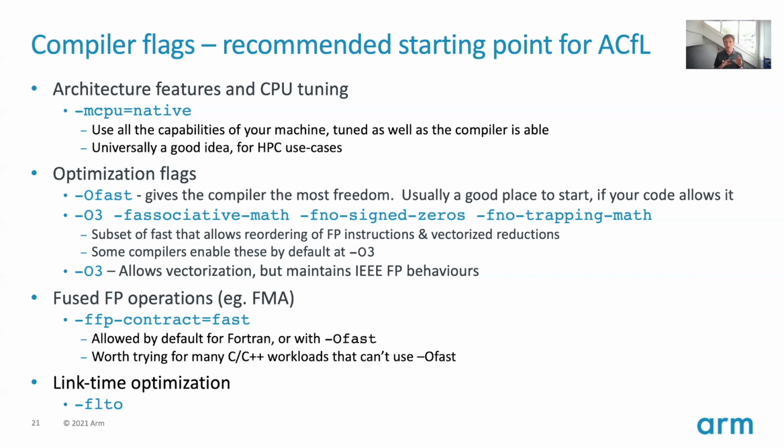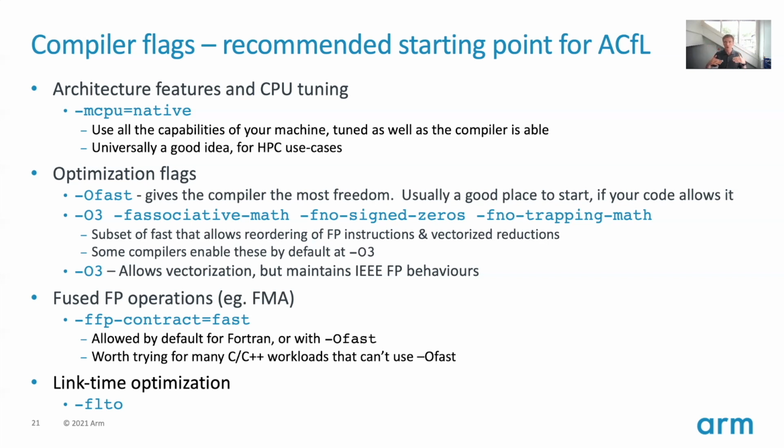So this isn't universal. It doesn't work for everything, but it's worth trying for almost everything. And then if you're finding that the results that you're getting are incorrect or inaccurate, then you need to tone down your optimization level. So that's option one.